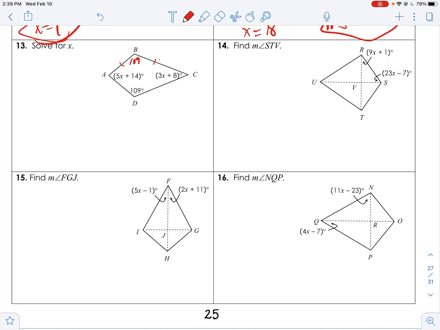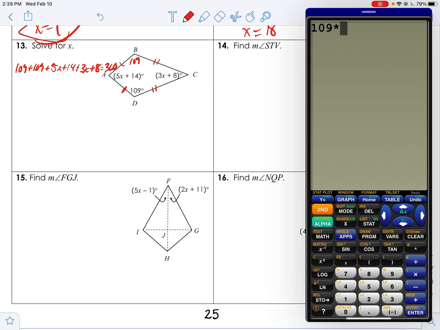Well, that's interesting. But what we do know is this is 109 because that and that and that and that. And we know that those opposite sides are equal. We know that all of them in a quadrilateral add to 360 degrees. So 109 plus 109 plus 5x plus 14 plus 3x plus 8 equals 360.